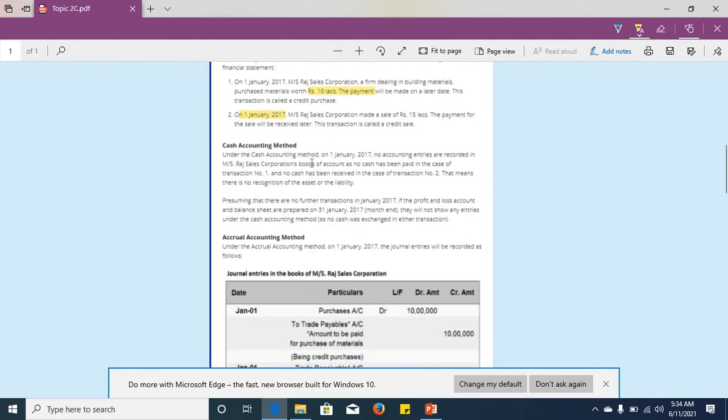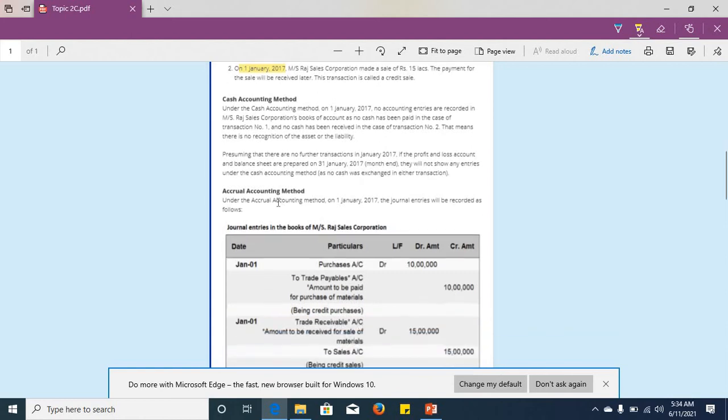Under the cash accounting method, on January 1, 2017, no accounting entries are recorded in Raj Sales Corporation's books of accounts, as no cash has been paid in case of transaction number one, and no cash has been received in case of transaction number two. That means there is no recognition of the asset or the liability.